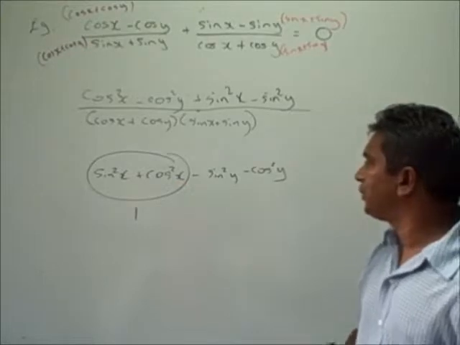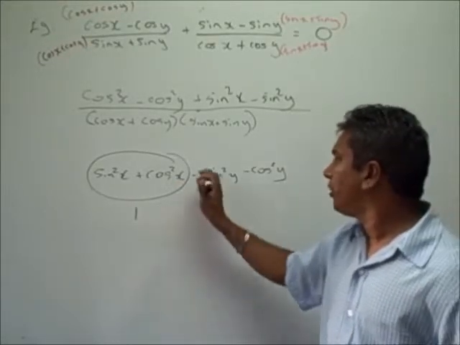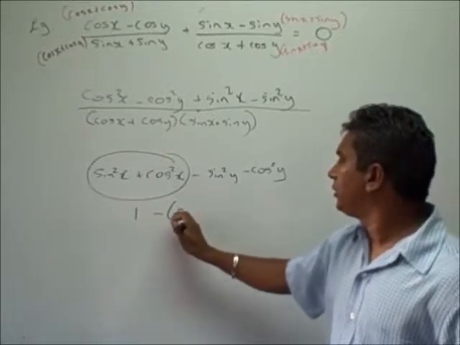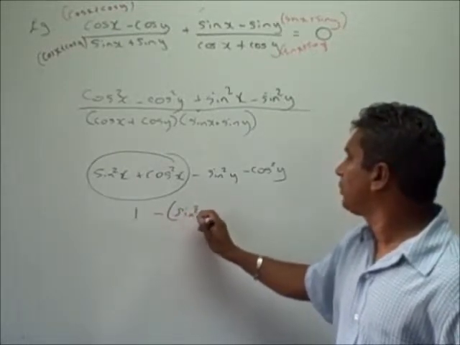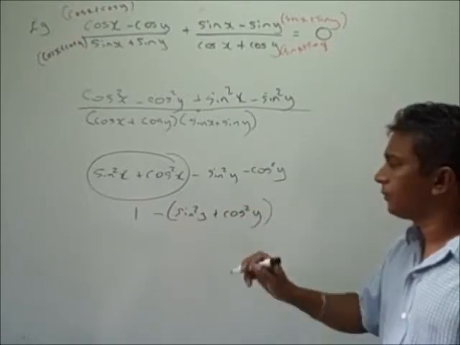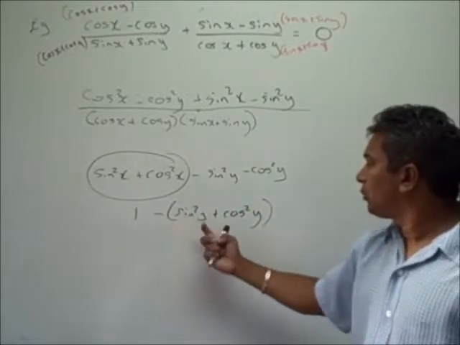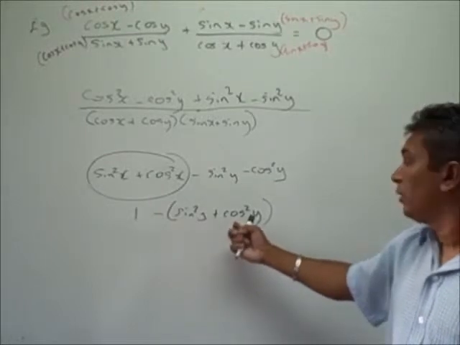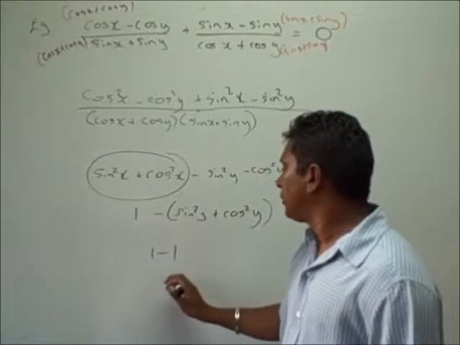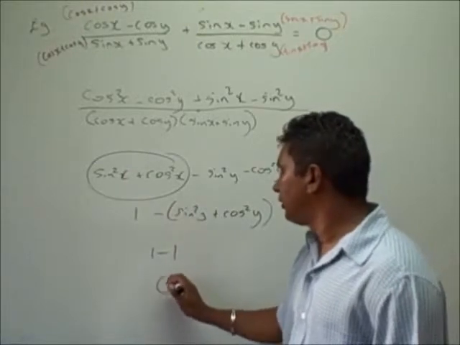So all this becomes 1. If we factor out a negative 1 from this, it becomes minus sine squared y plus cosine squared y. Once again, sine squared y plus cosine squared y will be equal to 1. So this becomes 1 minus 1 on the top, which gives us a numerator of 0.